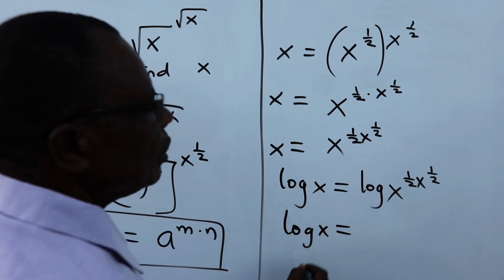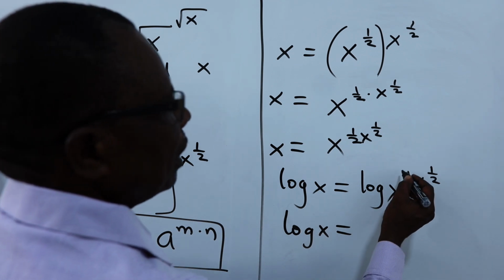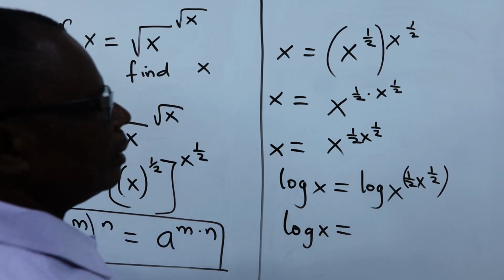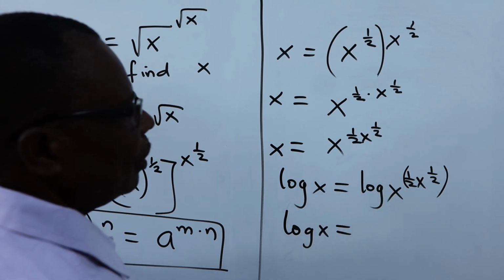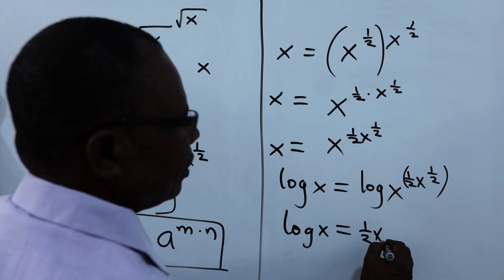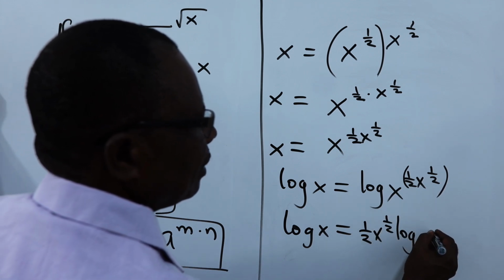x is equal to, what we can now do, since this is power or exponent or an index, we can take it to the left hand side. This becomes half x raised to power half log x.